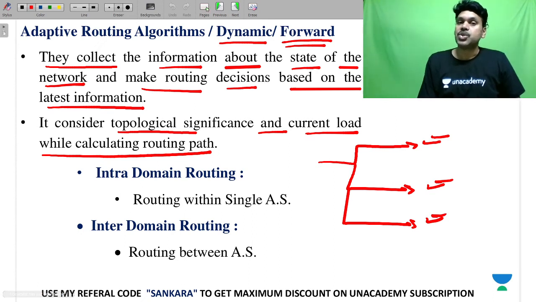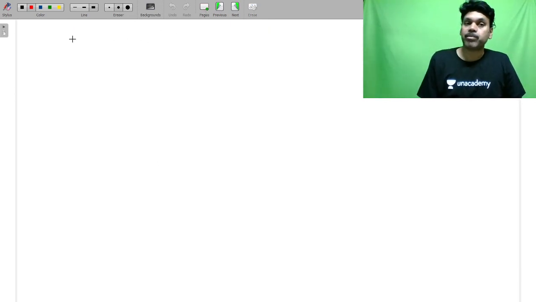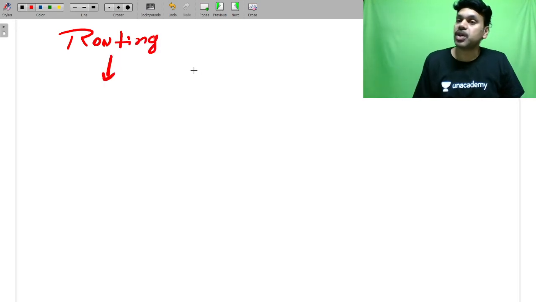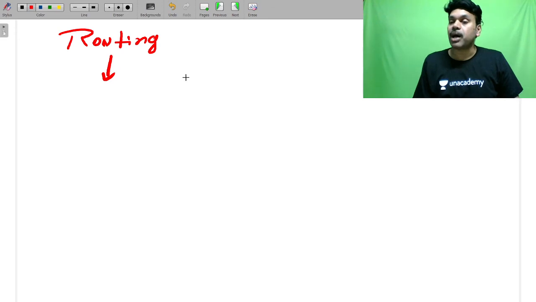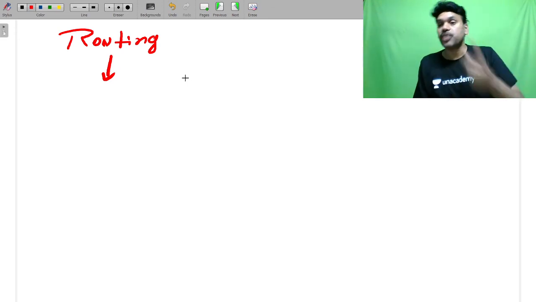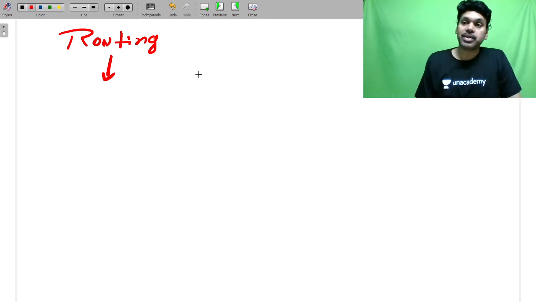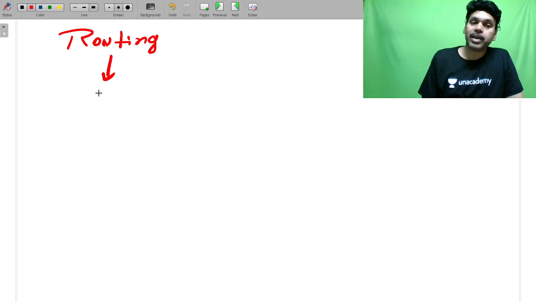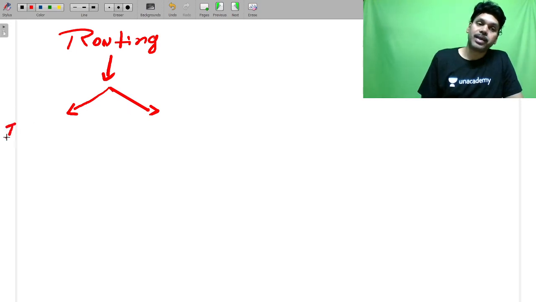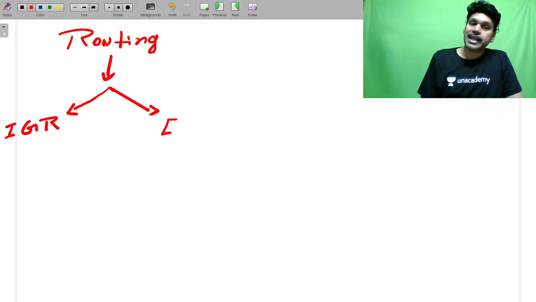Okay. So according to routing, routing is nothing but contacting your routing table and taking the path, forwarding your packet for delivery to the destination. That's the meaning. There are two varieties of routing: one is interior gateway routing, the other is exterior gateway routing.